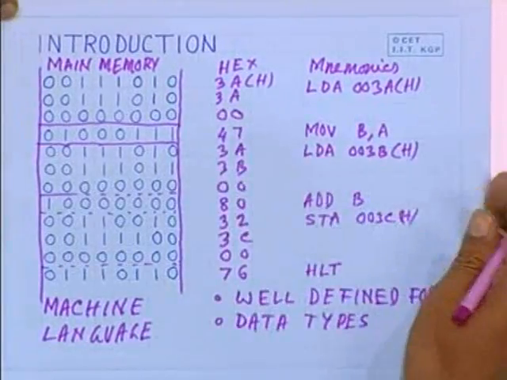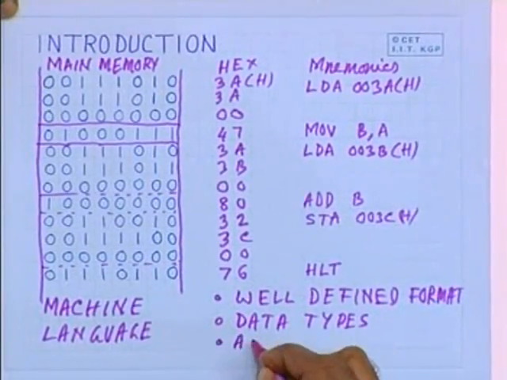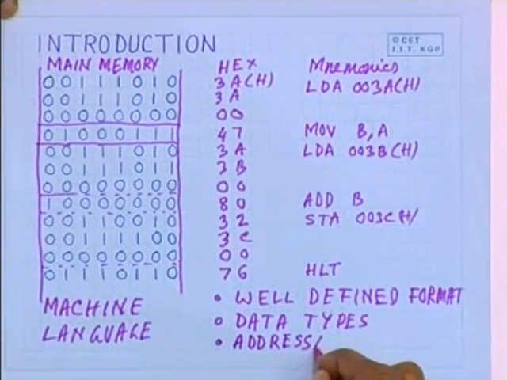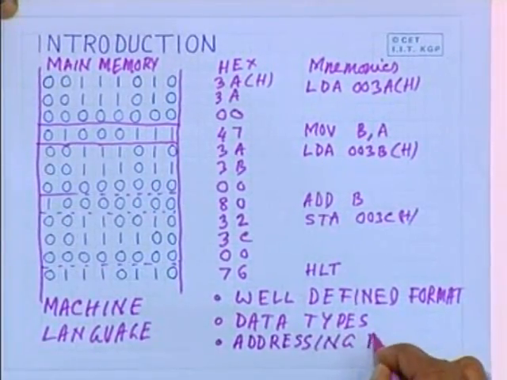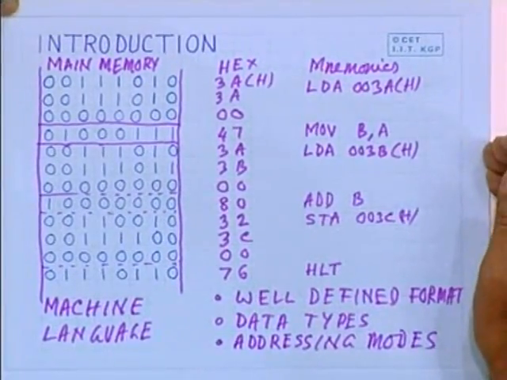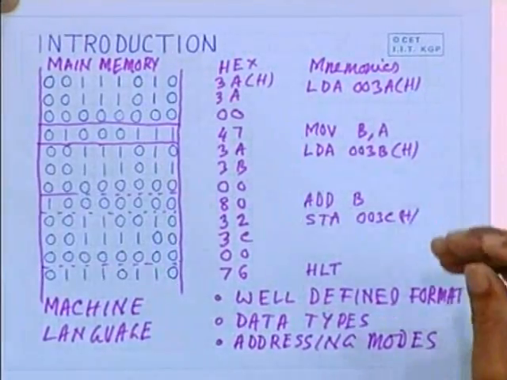Finally, you have to understand various addressing modes. What do we mean by addressing modes? We have seen that you have to reference data, address or instruction inside the memory, and you can do it in a number of ways.